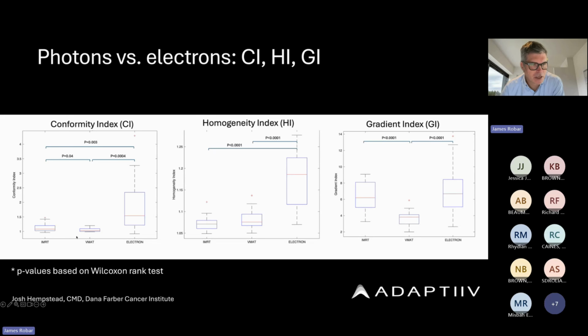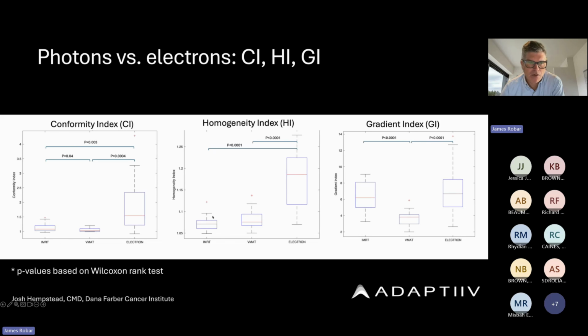And you can see that both IMRT and VMAT substantially lower than electron plans here, and statistical significance here between both photon plans and electrons, as well as much lower variability in the conformity index. So really tight control with the photon planning.